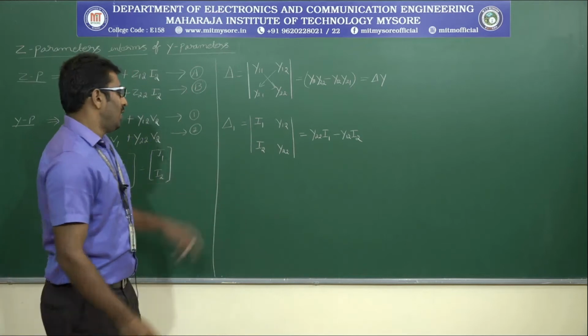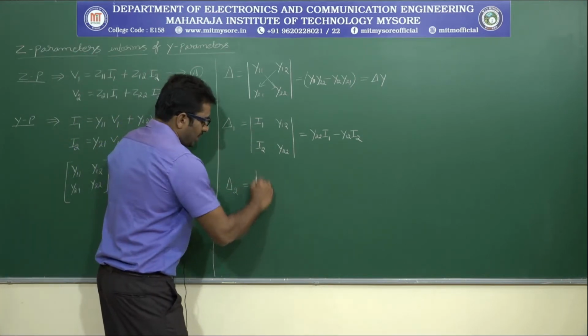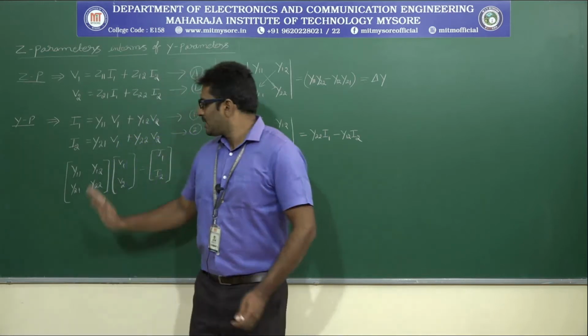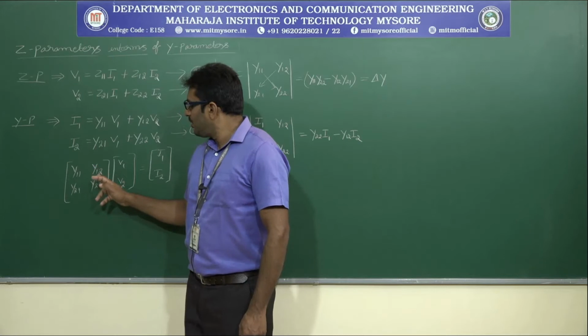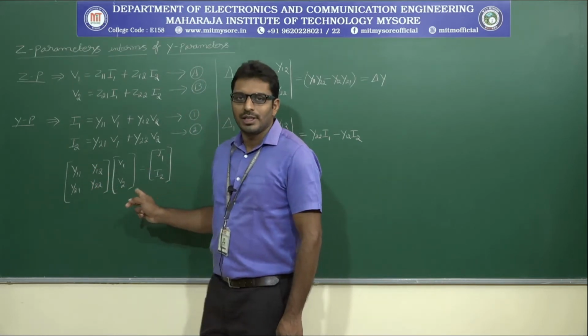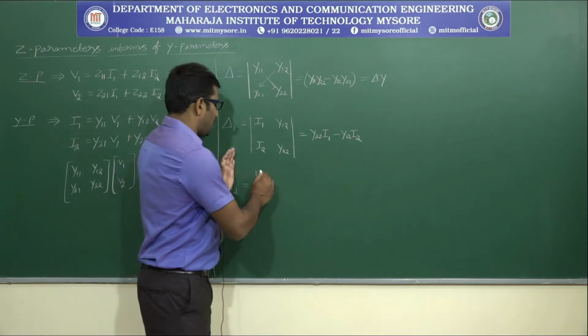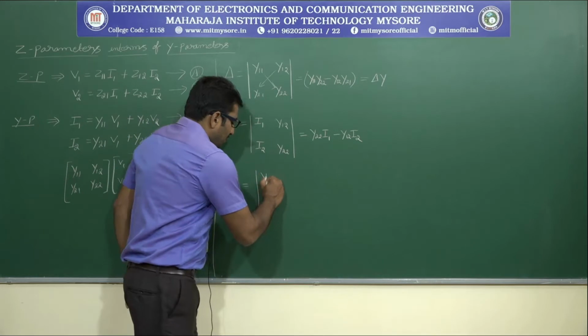Similarly, find delta 2. Delta 2 means replace the second column, Y12 Y22, by I1 I2. The first column stays as it is, Y11 Y21.